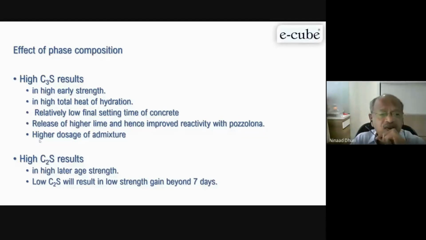Higher dosage of admixture is possible. Yeah, with high C3A you may require a higher dosage, because if you see two cements, one cement may require a higher dosage of admixture for the same workability, for the same set of materials. That is possible. Then high C2S gives higher later strength, as I discussed.